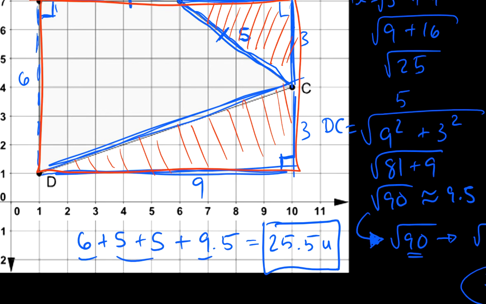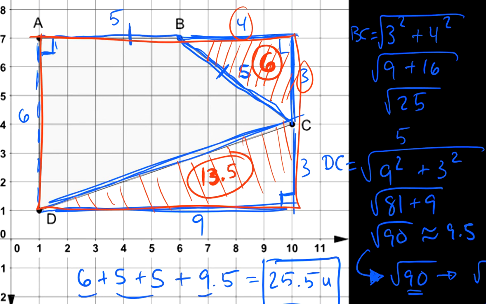For example, in this top triangle, I've got 4 times 3, which is 12, and half of that is 6. So this has an area of 6 square units, so I'm going to be taking that away. And the other one is 3 times 9, which is 27. Half of 27 is 13.5.